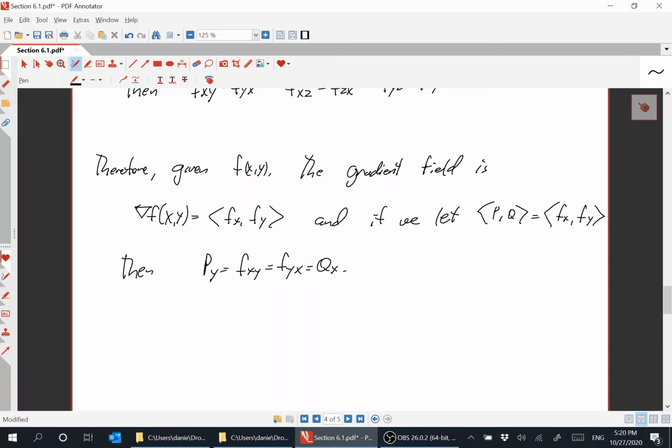Right? So you need equality of the partial derivatives of P and Q when you are a gradient vector field.